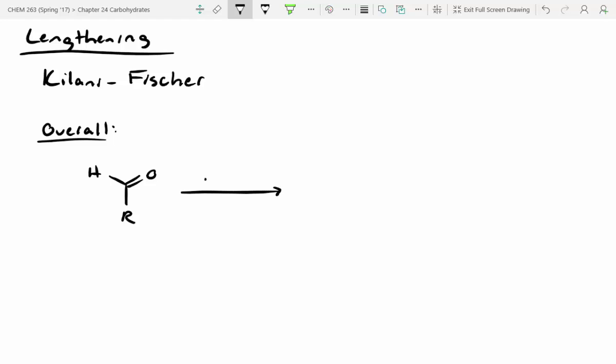And this was back in the Wild West days of organic chemistry, so they used cyanide. So what happens if you treat an aldehyde with a strong nucleophile like cyanide? It's going to add in, absolutely. So you would basically have cyanide add into the aldehyde, and you'd make this.